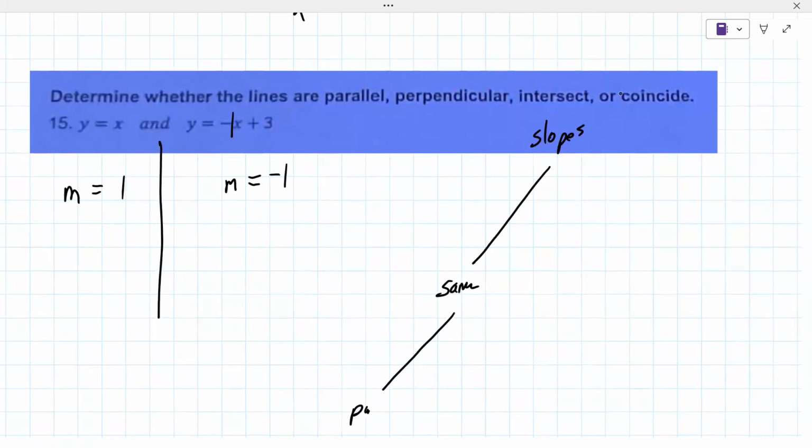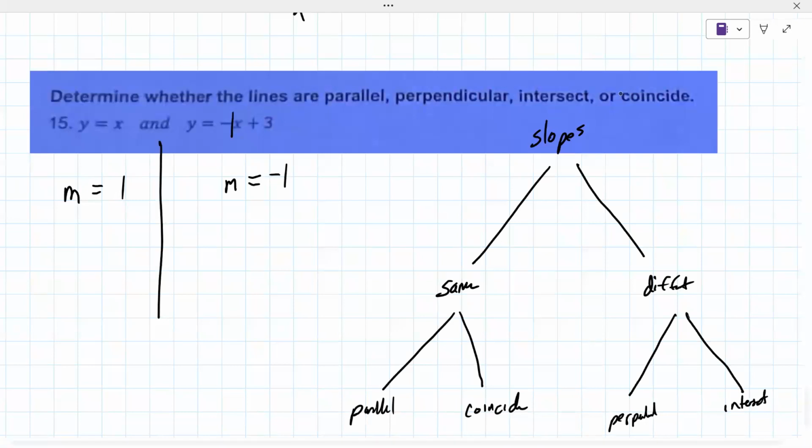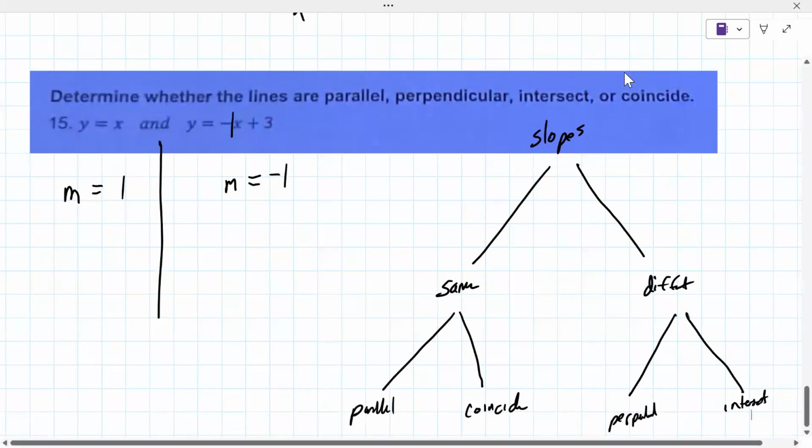They could be parallel, they could coincide. If they are different, they could be perpendicular or they could intersect. Which branch have we gone down, left or right here?